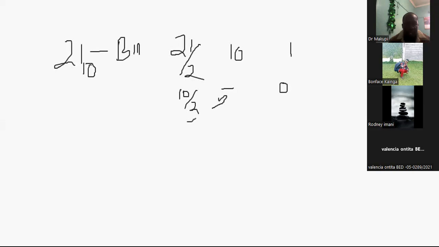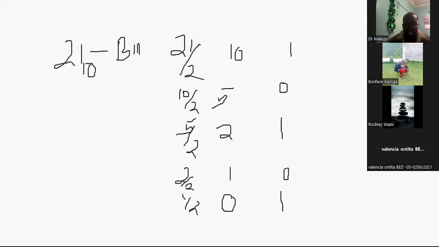5 divided by 2 goes into 2, remainder 1. Then 2 divided by 2 is 1, remainder 0. Then 1 divided by 2 is not possible. Then it becomes 0, and that 1 remains as it is.